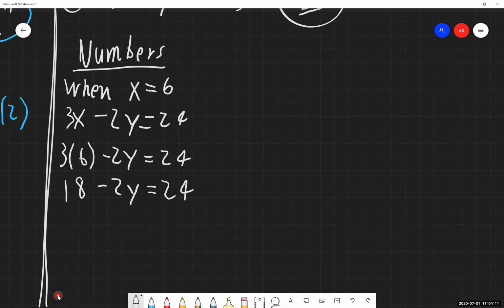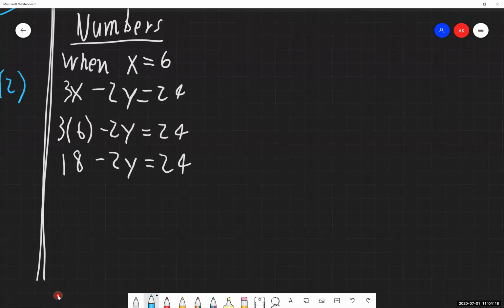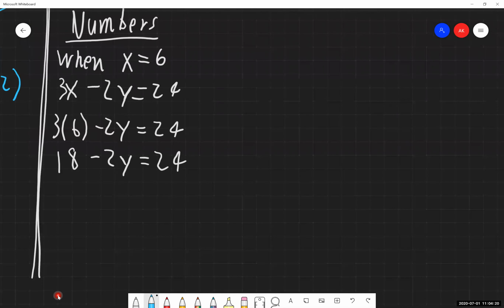So again, we are solving this thing for y, just like we have done in all of our previous assignments, all of our previous work. So substitute in 6 into there, simplify both sides down, we're good there. I want to get the y, or the variable terms, all by themselves, so I'm subtracting 18 from both sides.